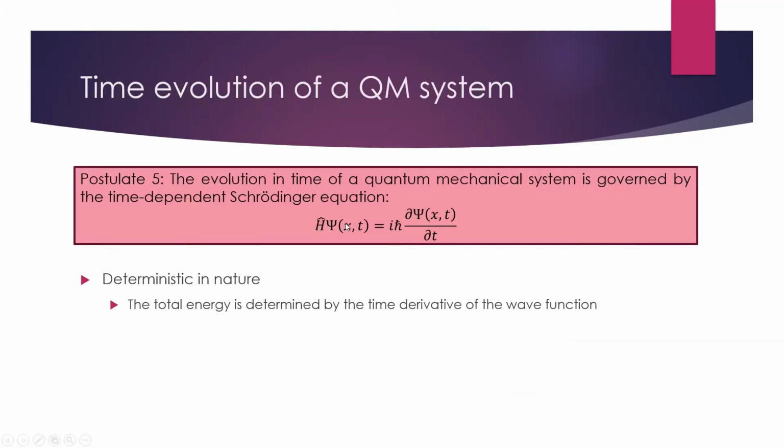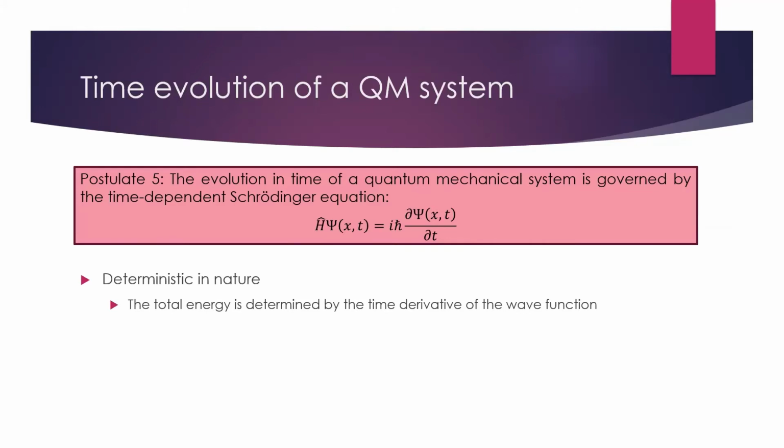Lastly, we want to discuss the time evolution of a quantum mechanical system. This is our fifth postulate. Again, we're not really going to focus too much on time dependence here, but the fifth postulate states that the evolution in time of a quantum mechanical system is governed by the time-dependent Schrodinger equation, and that is shown as follows. This gives us an expression for the total energy of a wave function and how that interacts with time.